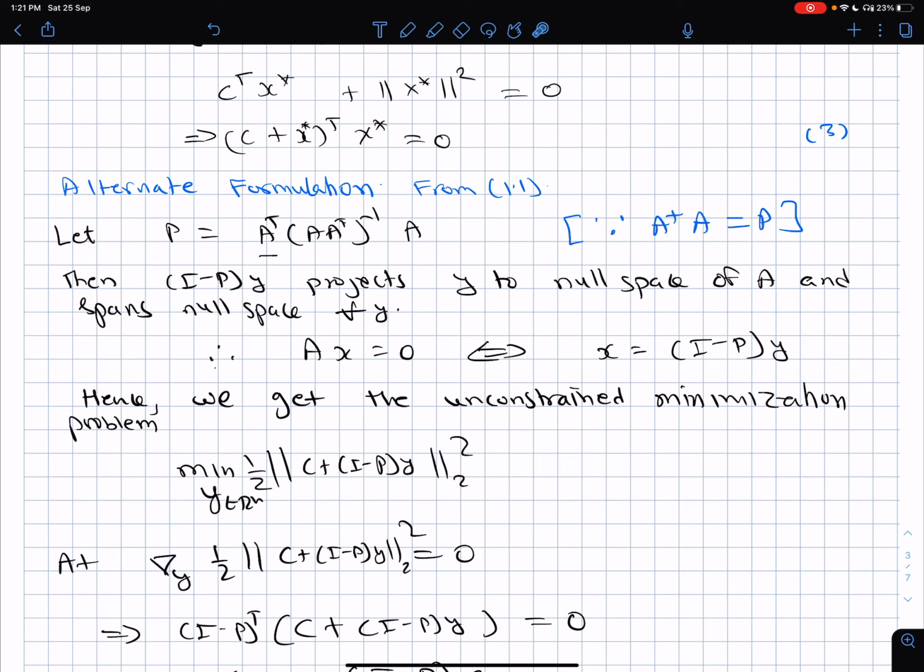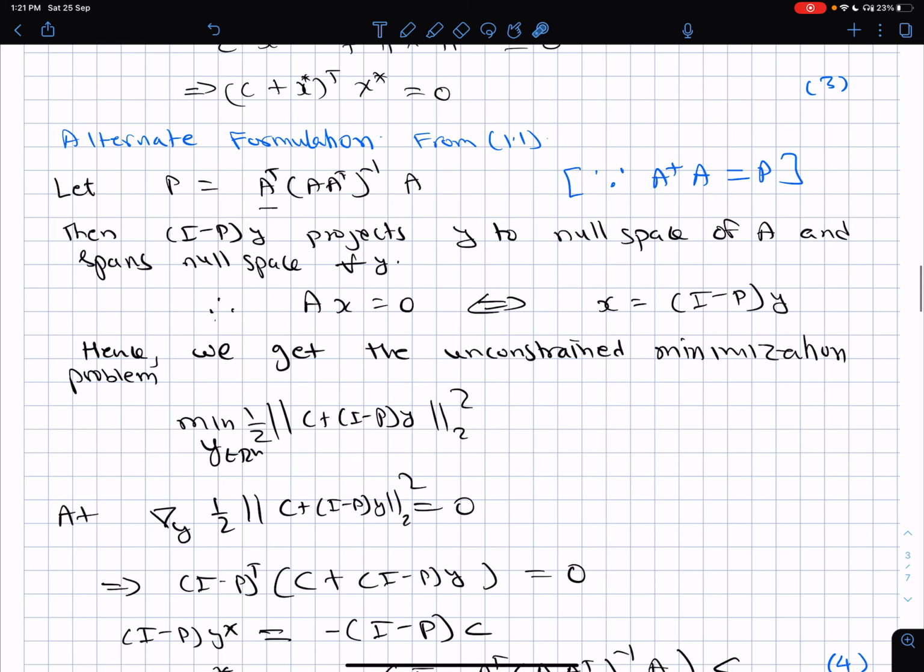So I minus P spans, and I have already shown that P and I minus P are such that they span the complete Rn space. So it projects Y to the null space of A and also spans the null space of A. Hence, what I am saying is that Ax equal to 0 is equivalent to saying that x can be written in the form I minus P times Y. Why?